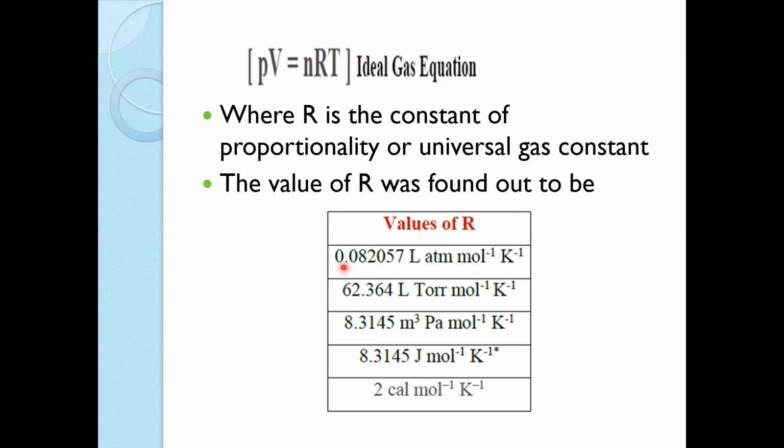It is 0.0821 if we use the units liter atmosphere per mole kelvin, 62.36 if we use liter torr, 8.31 for cubic meter pascal, and 8.31 again if it is joule per mole kelvin, or 2 calorie per mole kelvin.